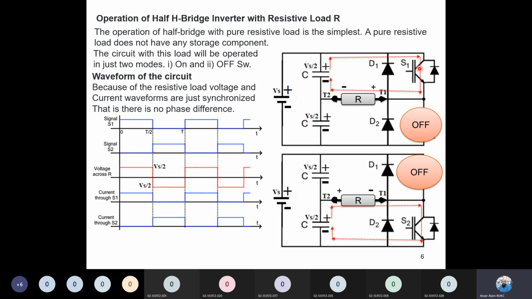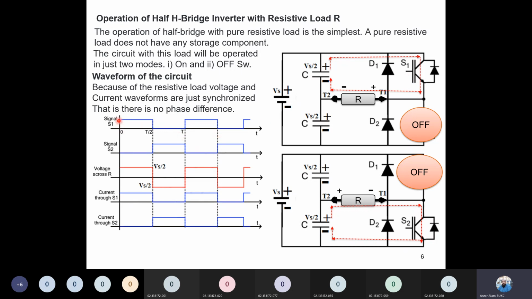So when this transistor S1 is on, do you think current through S1 will exist or not? Where is S1? S1, this is the supply. So if this is S1 and it is on, of course the current will flow through S1. So the current through S1 will only flow whenever S1 is completely on.